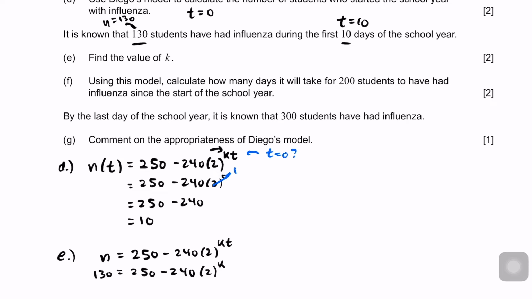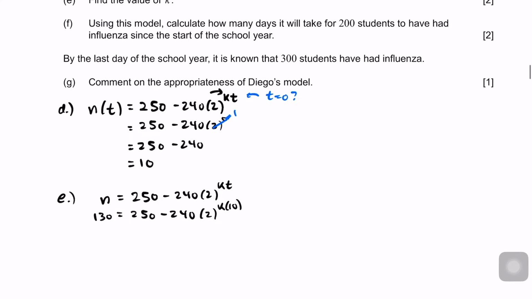T is equal to 10. Just grabbing these values right here. After that, we just have k as one unknown. So let's go ahead and solve for k. I'm going to go to the calculator here and work that out.